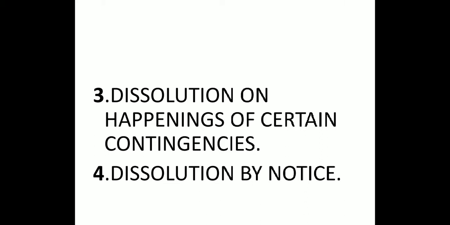The next point is dissolution on happening of certain contingencies. Again, we have two points to understand here. If constituted for a fixed term, then by the expiry of that term, the dissolution takes place. For example, the partnership firm comes into existence for a fixed period of time, and on expiry of that time, the dissolution takes place.